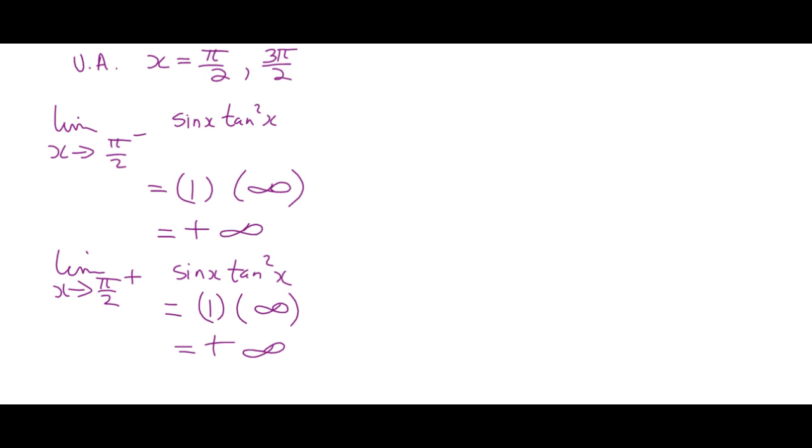And now 3 pi over 2. Okay, 3 pi over 2 from below. So what's sine? It's -1.